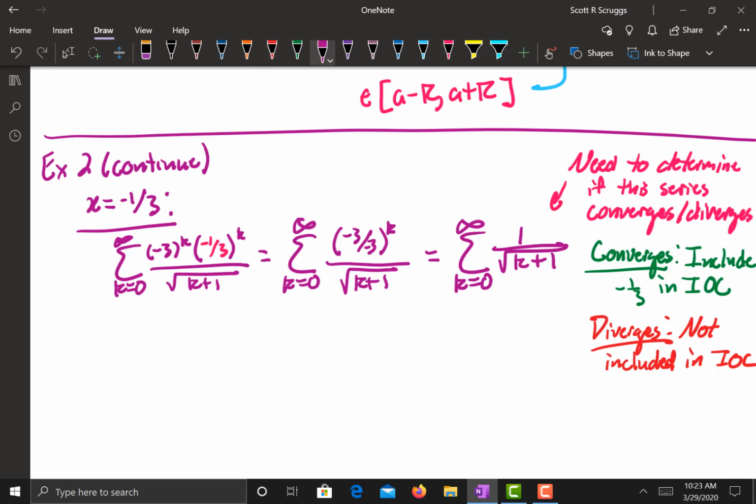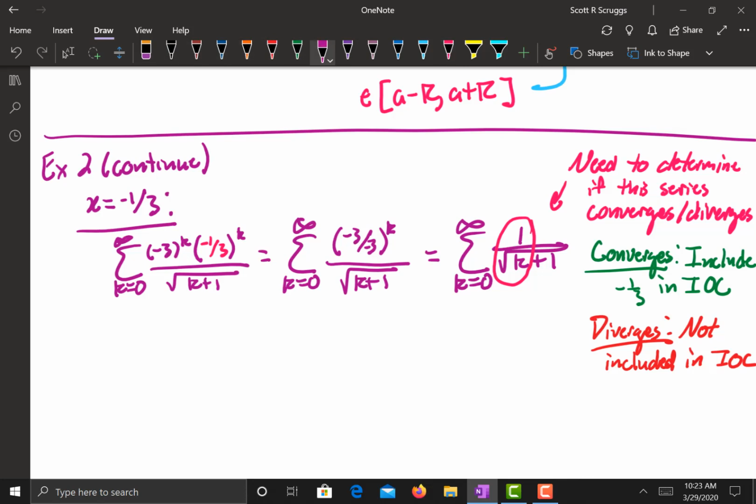And recall from when we talked about series back in chapter 10, I have an algebraic function here, and so I'm going to try to compare with a p-series. And the quickest way to read what p-series I want to compare: highest power in the numerator, highest power in the denominator, take their ratio.